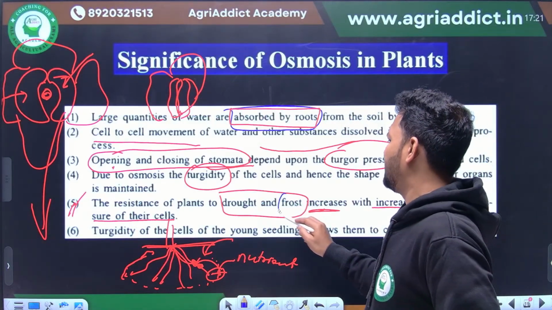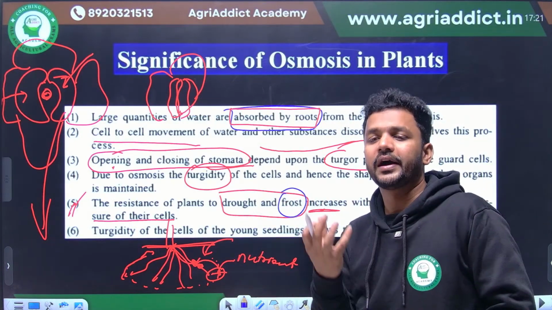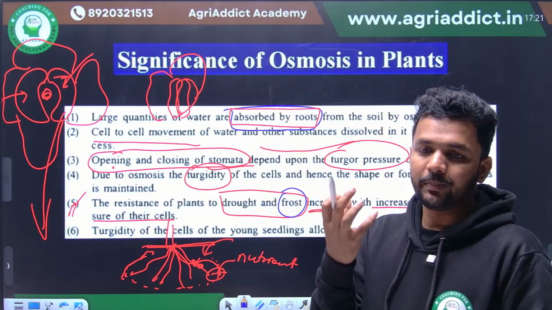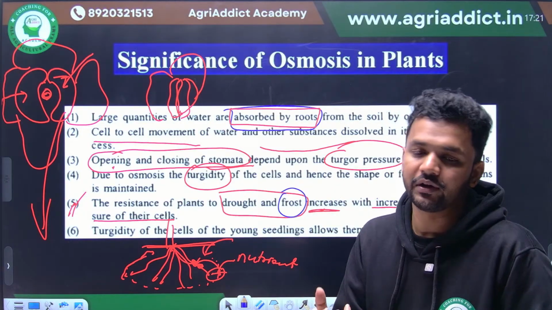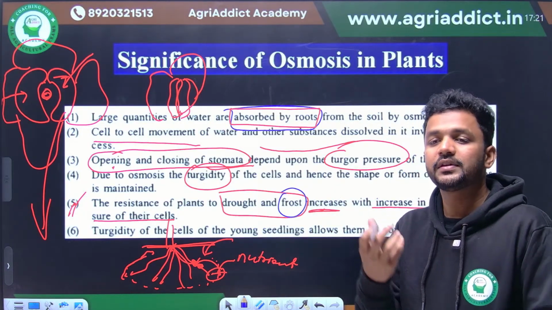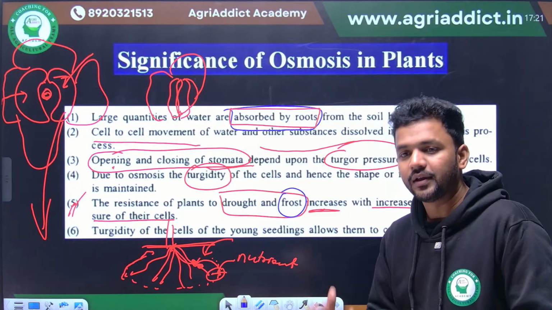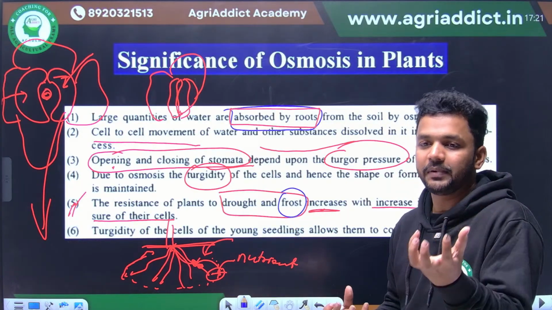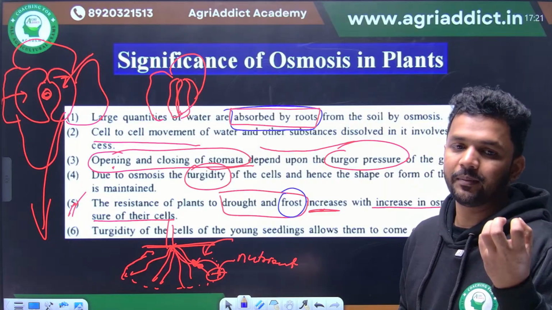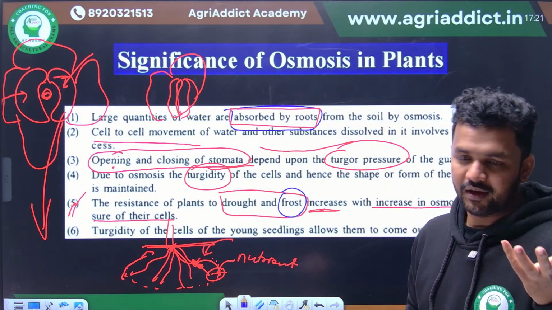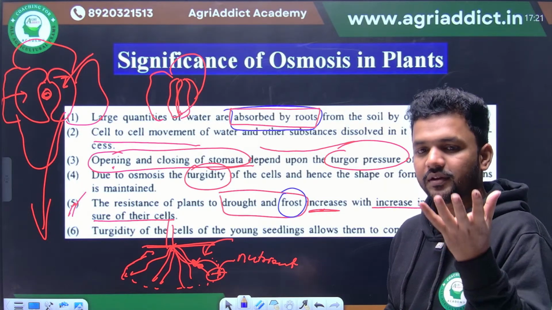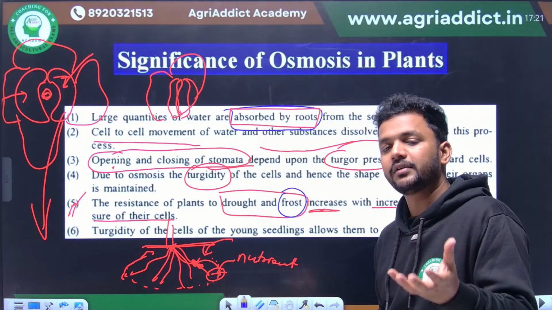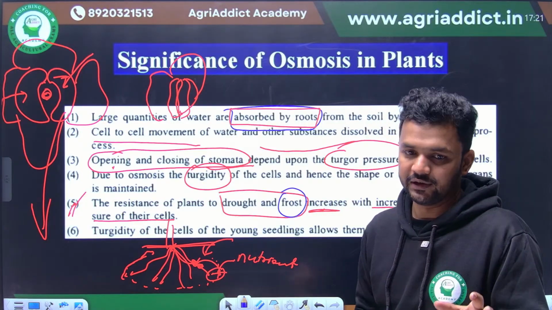Okay, and the same in case of frost: the higher solute concentration would decrease the freezing point of the solution. And if the freezing point is lowered, then in case of frost also, the water inside the plant will not freeze or become ice crystals. And if ice crystals do not form, the normal functions of the plant will be carried out smoothly.